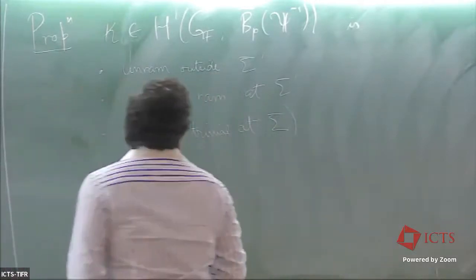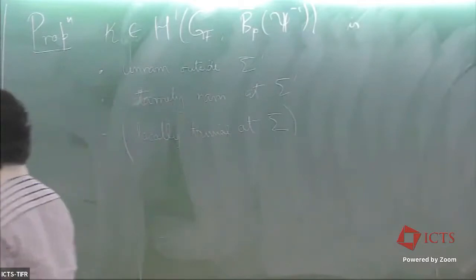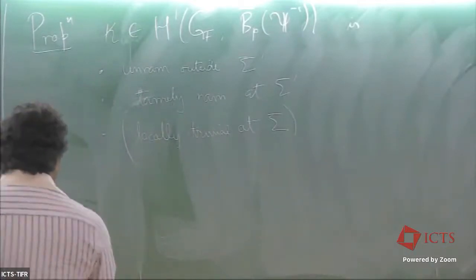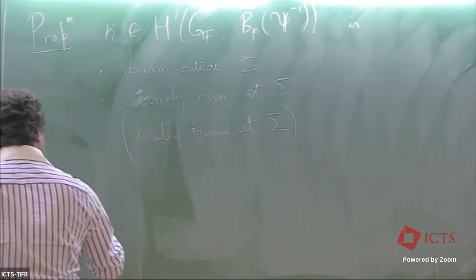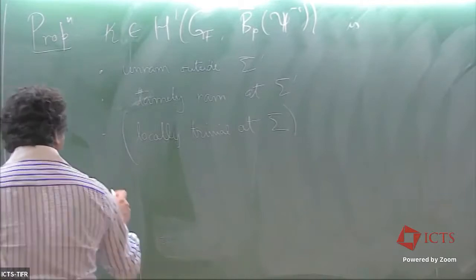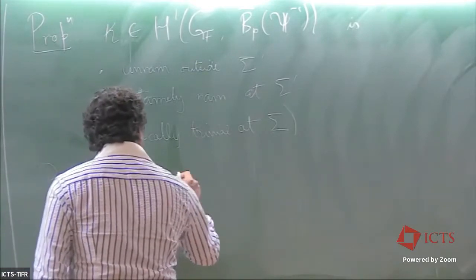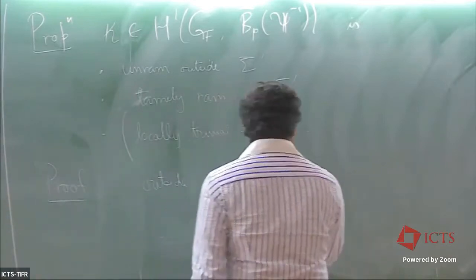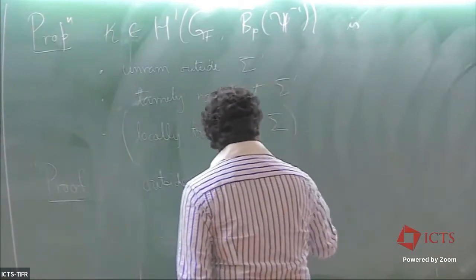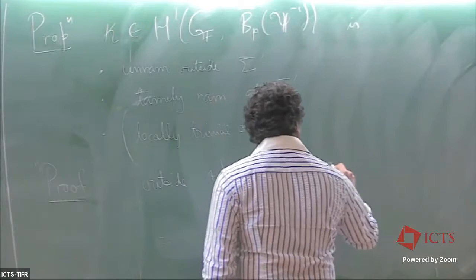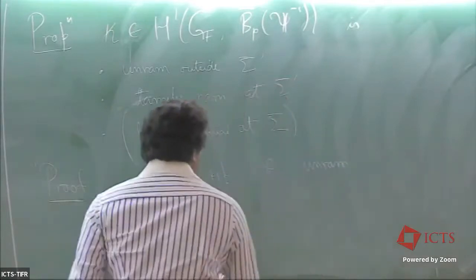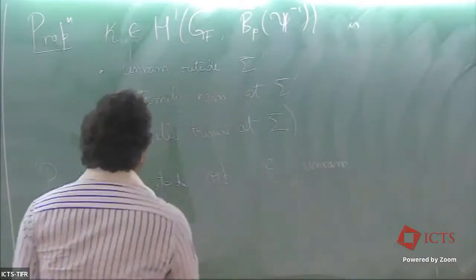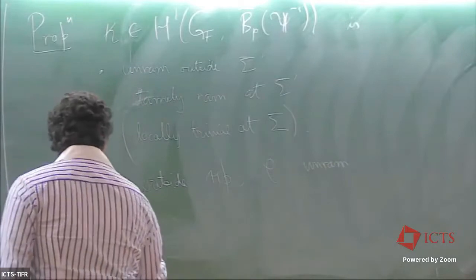Okay. All right. So how do we show something like this? Here's the idea of the proof. Outside N P, this is unramified, right? So rho itself is unramified, and so of course kappa will be unramified.